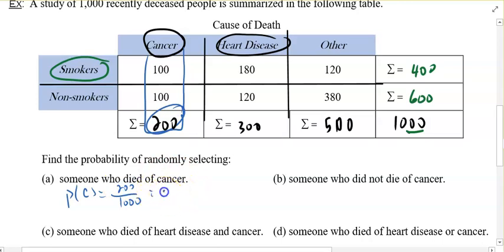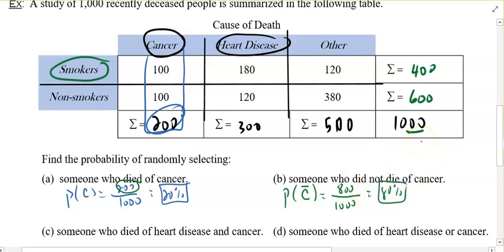Or 20%. What is the probability that someone did not die from cancer? That's the complement of cancer. That's anything but cancer. Think of it this way. If 200 people died from cancer, 800 are left. That's the easiest way out.